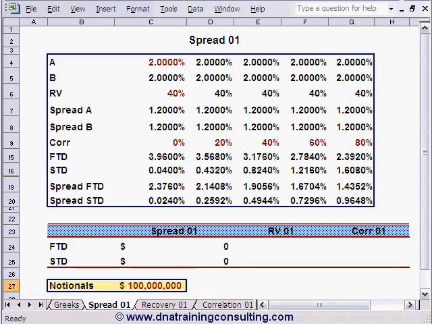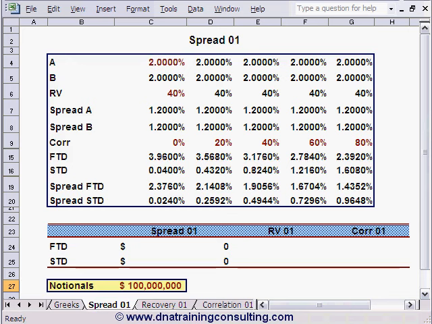To calculate first spread 01, we turn to worksheet spread 01, which is identical to the previous one, except that the columns for recovery 01 and correlation 01 have been made invisible to avoid confusing us.